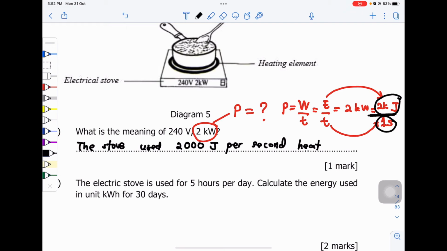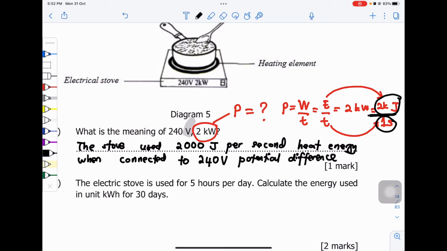Heat energy, when connected to 240 volt. What is voltage? Volt is the unit of what? Exactly, 240 volt potential difference, or voltage. It's very easy actually.